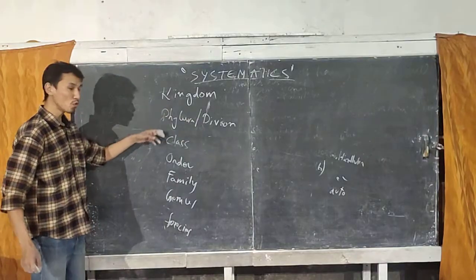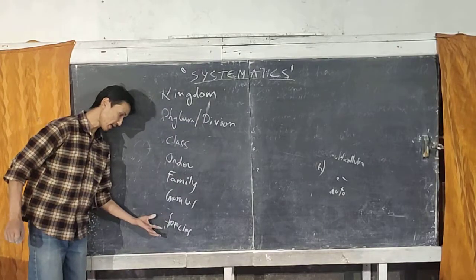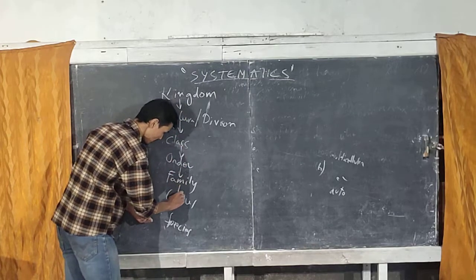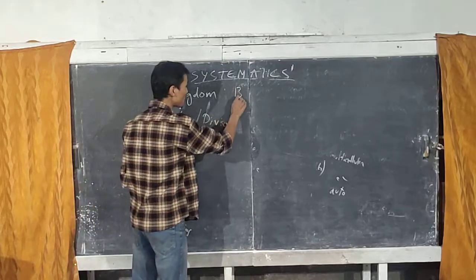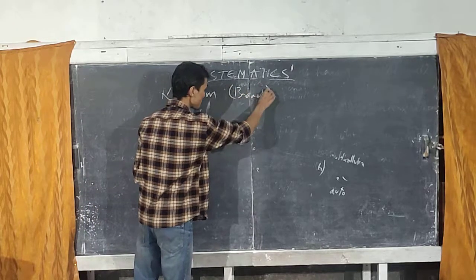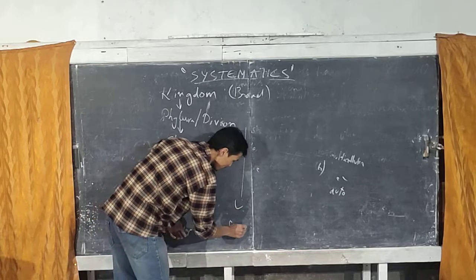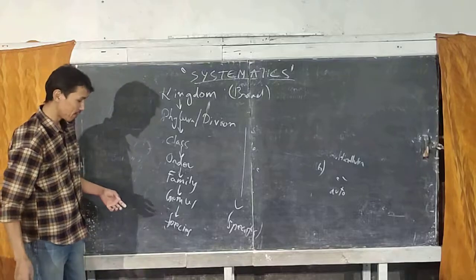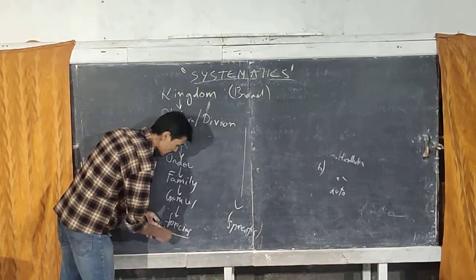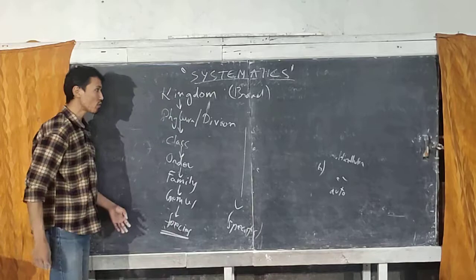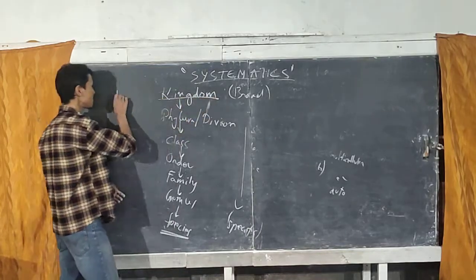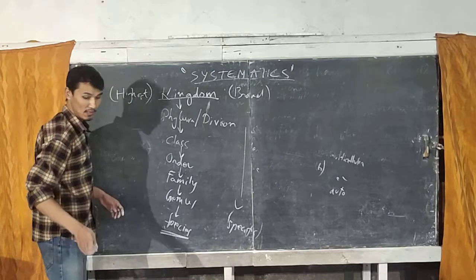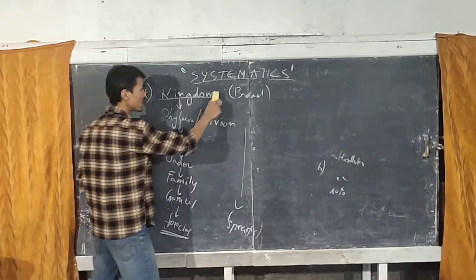As we move lower, the characters from broad become more specific. So generally when we talk about the identification unit, it is always the species, and the broadest is the kingdom. Kingdom is always the highest category of classification.